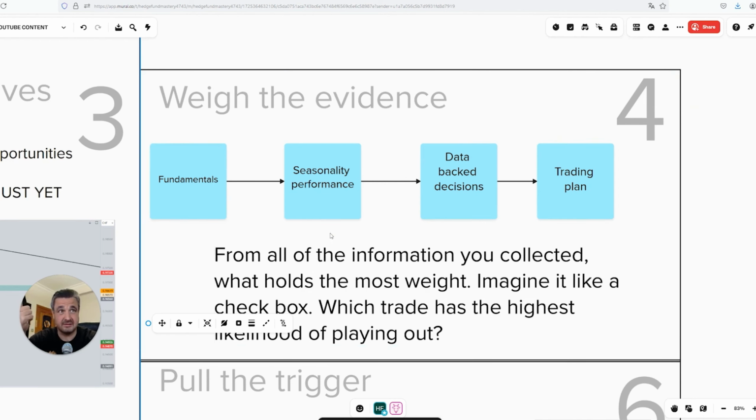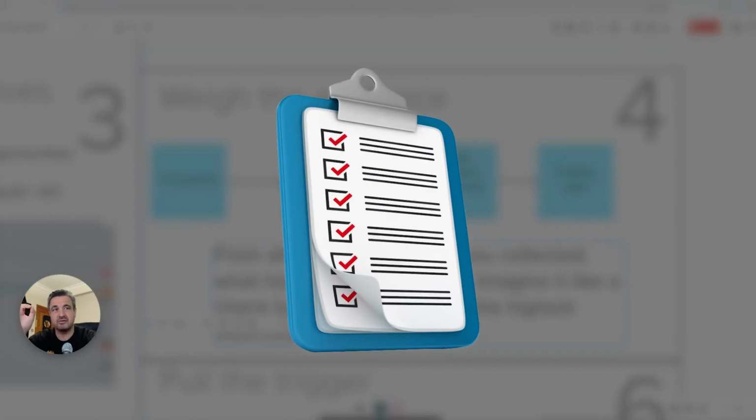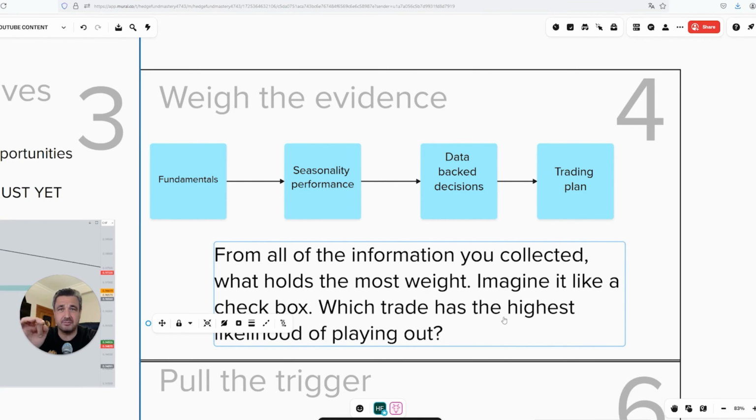Look at the fundamentals, seasonality, performance, data-backed decisions, trading plan, right? From all the information you collected, what holds the most weight? What is the most reliable, most important part of it? Imagine it like a checkbox. Which trade has the highest likelihood of playing out? I show that also in my track record strategy. I have trades where it's a 10 out of 10 setup, where I'm really confident about the trade.